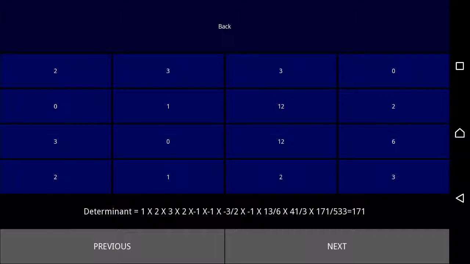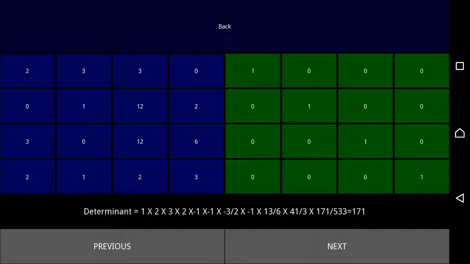Okay, so determinant is 1 times 2 times 3, so those numbers come from each step, the operations in each step that we applied on the matrix in order to get to the inverse. So the determinant is 171.